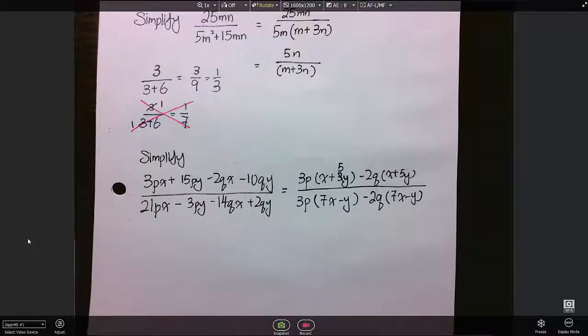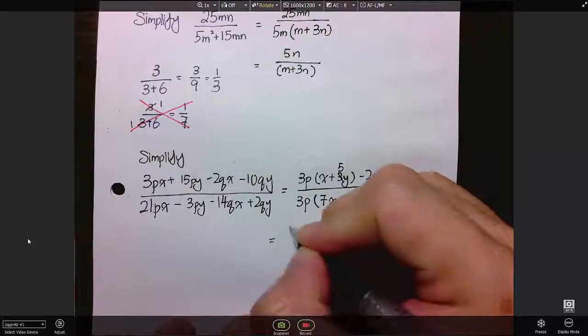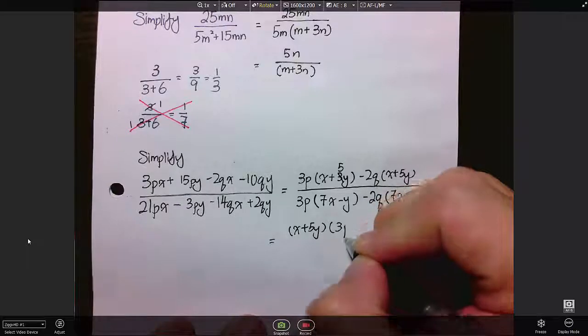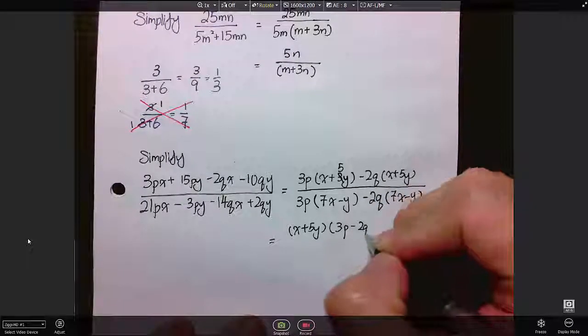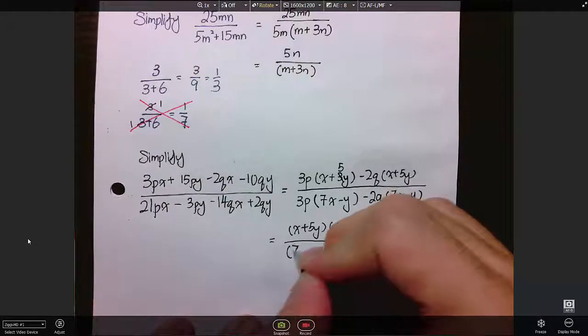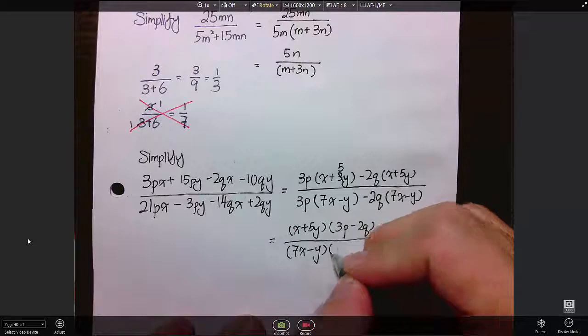For my numerator, the group is x plus 5y, so I factorize x plus 5y, and I'm left with 3p minus 2q. In my denominator, I factorize 7x minus y, that's the group, and I'm left with 3p minus 2q.